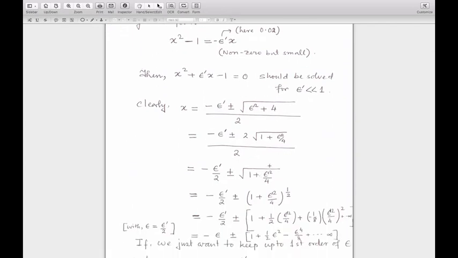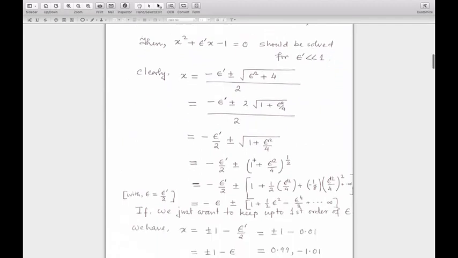Okay, now I use the property that epsilon is very small with respect to 1, and then finally you can do this type of expansion. So you have finally one form. So minus epsilon prime by 2 will be the first term which comes from this one, and then the second one will be plus minus the square root of 1 plus epsilon prime square by 4.